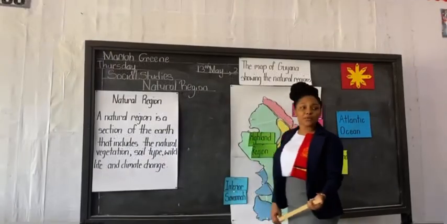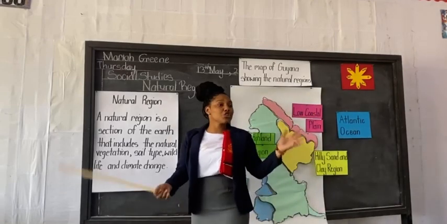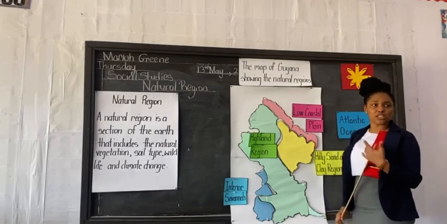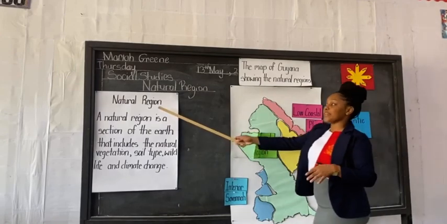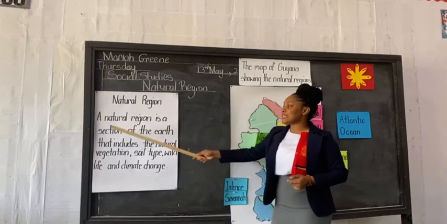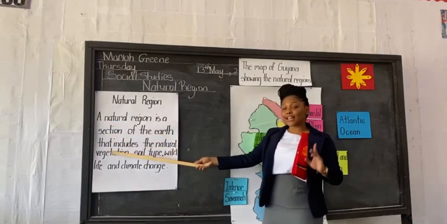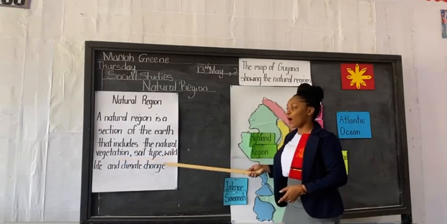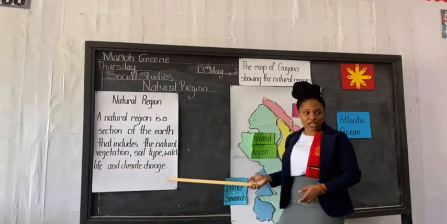After all that was said today, we've learned so much. So can we go over so we can remember what was taught? We did what is a natural region. We said that a natural region is a section of the earth that includes the natural vegetation, soil type, wildlife, and climate, right?